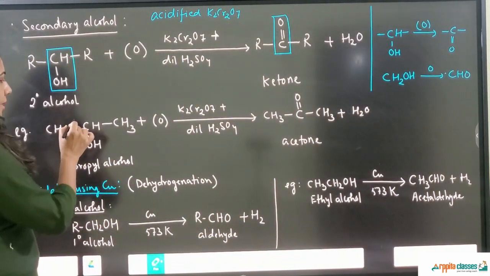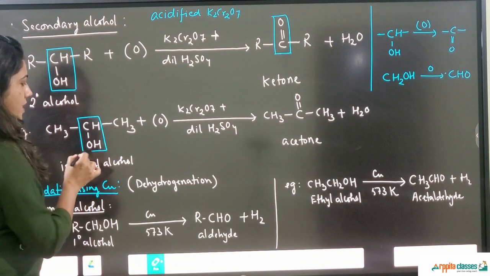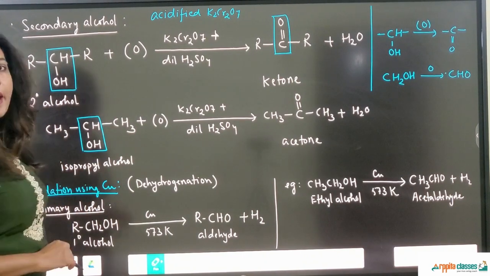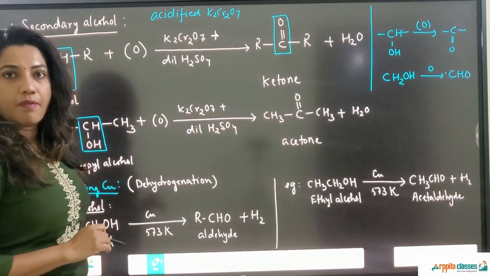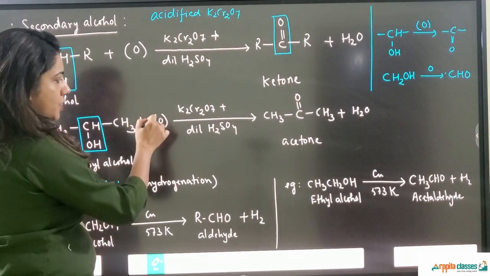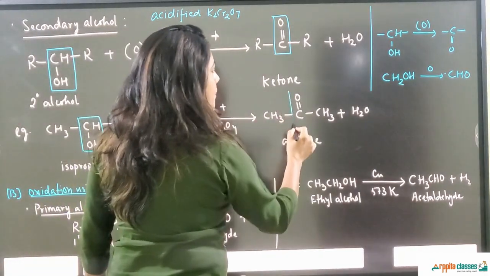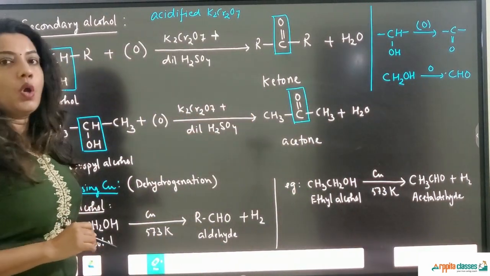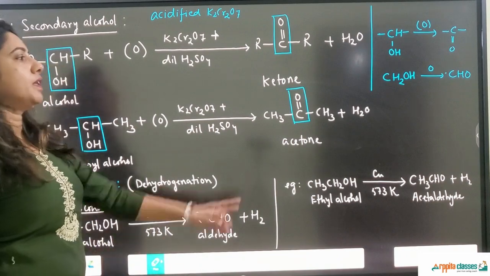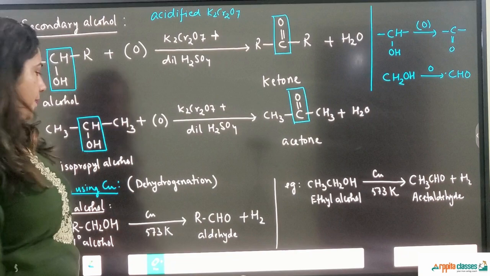Take an example. This is CH3CHOHCH3. This is called isopropyl alcohol. With the help of strong oxidizing agent, acidified K2Cr2O7, oxidation is taking place and it is converted into CH3COCH3. This is called acetone, or the IUPAC name is propanone, with the liberation of 1 molecule of water.